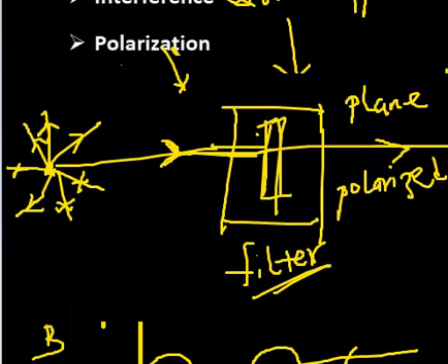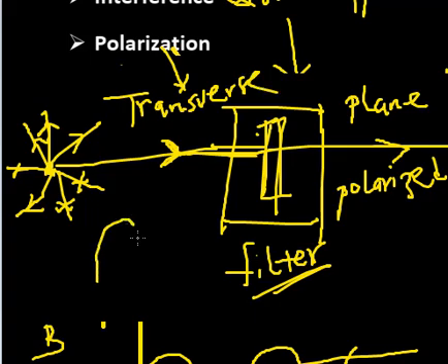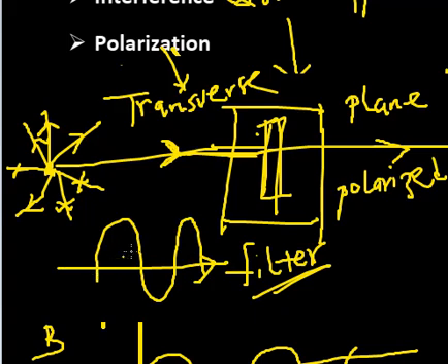And please take note of this, it is only transverse waves that undergo polarization, because it is only transverse waves in which the medium and the wave are vibrating perpendicular. So it's only transverse waves that undergo polarization.